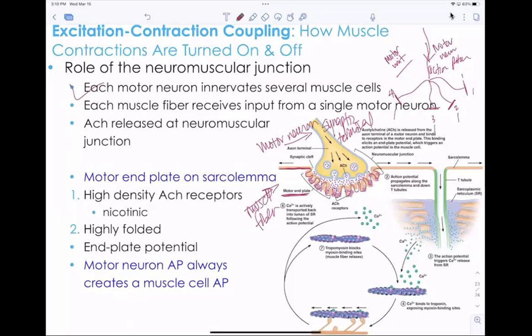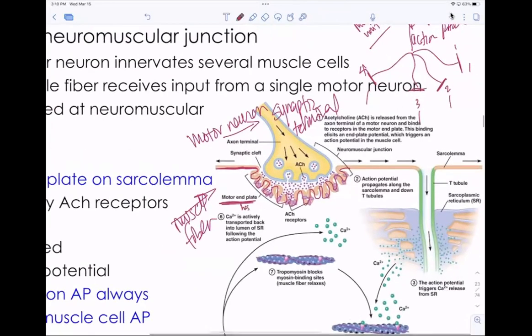So the motor end plate on a muscle fiber has the cholinergic nicotinic receptors for acetylcholine. So these are those receptors right here. They're on the motor end plate of the muscle fiber.